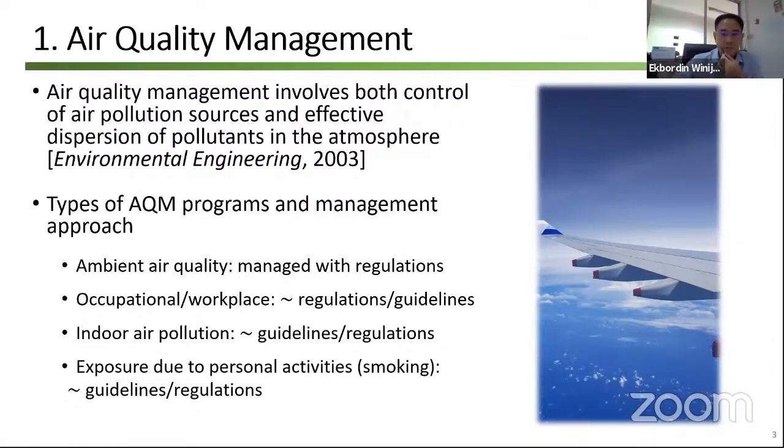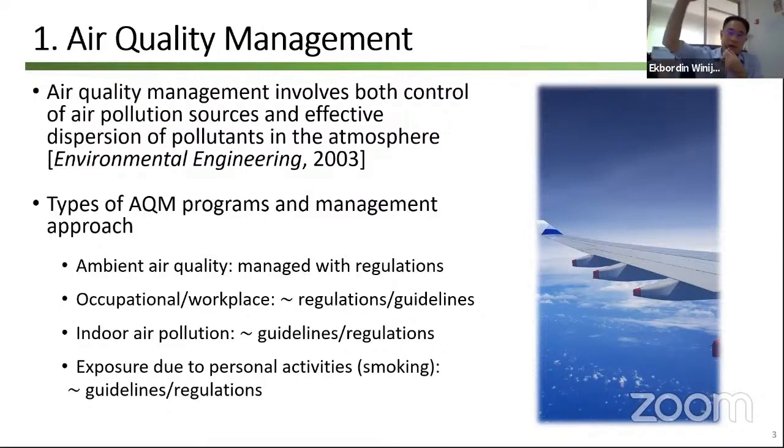And the second one, we can use any process in the atmosphere to reduce those kinds of pollution. Meaning that, for example, if we have a very high stack instead of a low stack, and then we release the pollutant out from the tip of the stack, then before the pollution reaches people, the concentration is going to be lower, right? Because usually the concentration in the air of any pollutant is in the unit of microgram or gram per cubic meter of air.